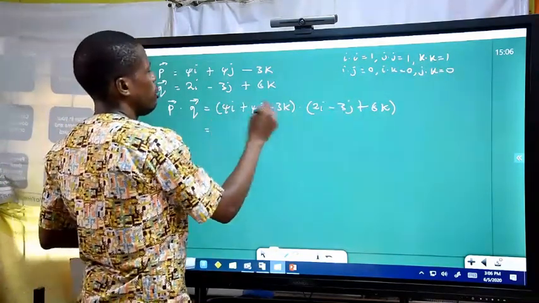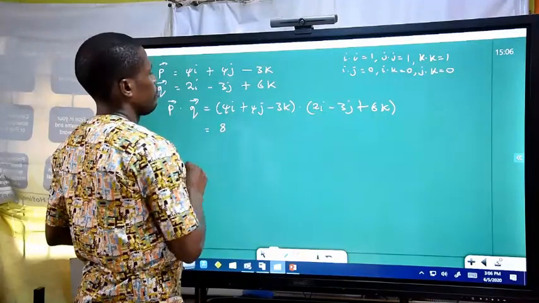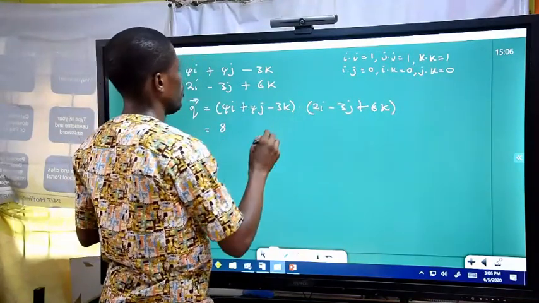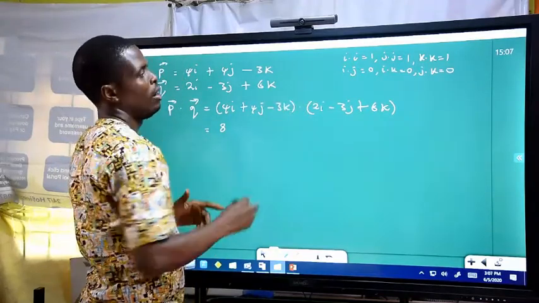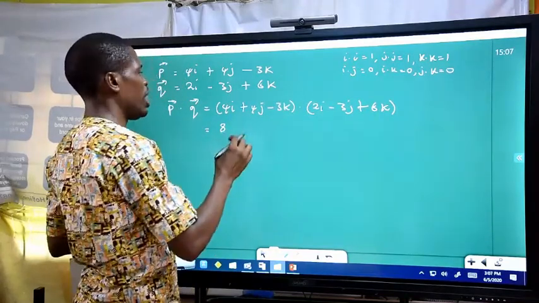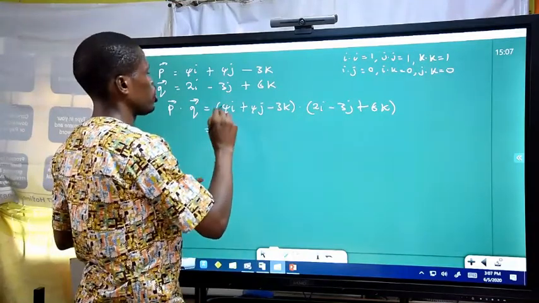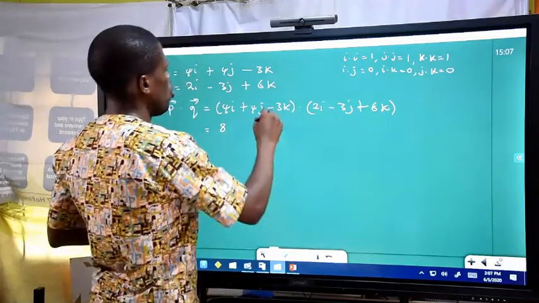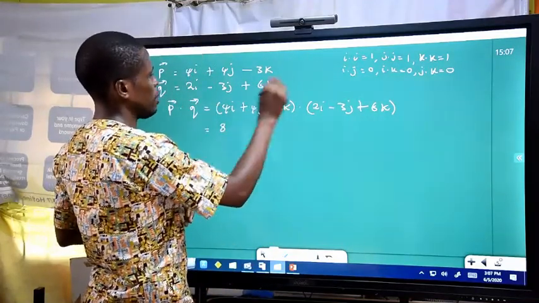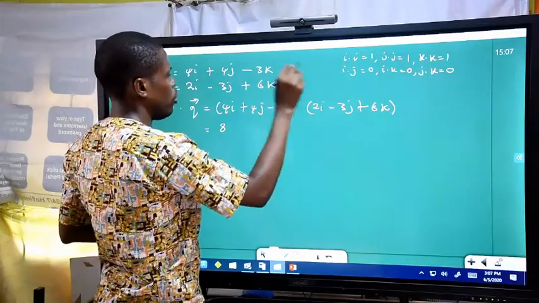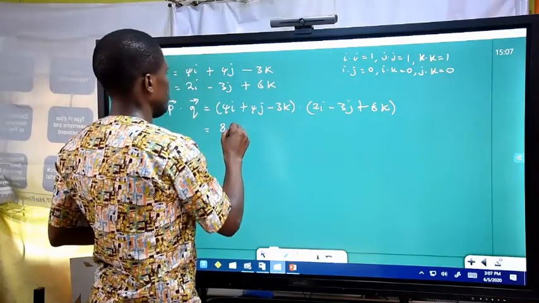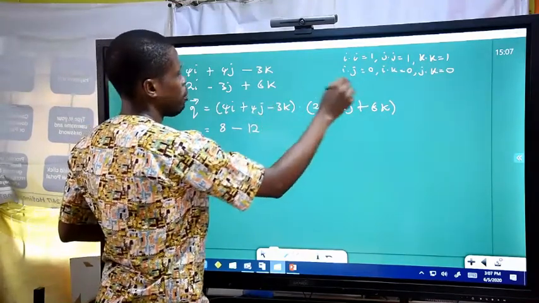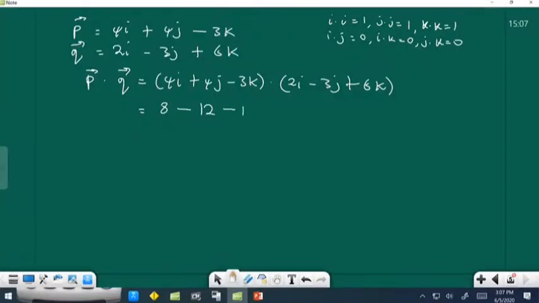So applying that rule here, let's see what the answer will be. We have 4 multiplied by 2, which is 8. 4 multiplied by any term with a different component gives 0. So you just multiply the corresponding i and i, j and j, and k and k. 4i multiplied by 2i is 8, 4j multiplied by minus 3j is minus 12, and minus 3k multiplied by 6k is minus 18.